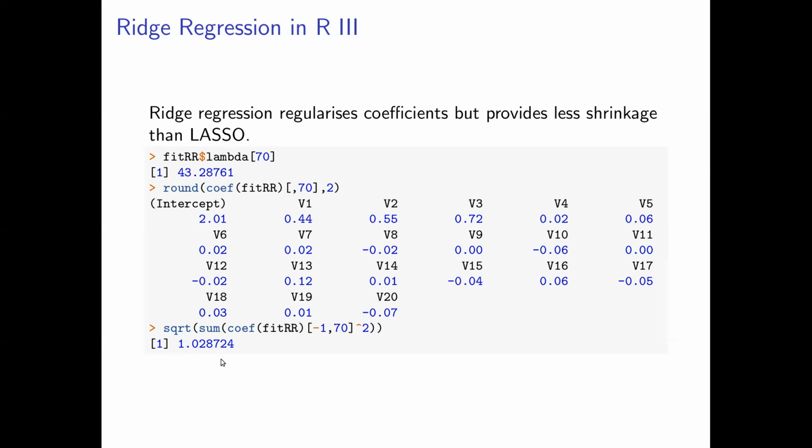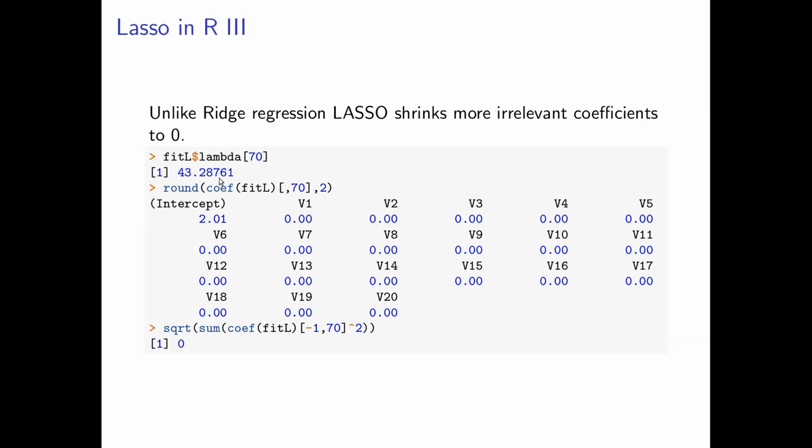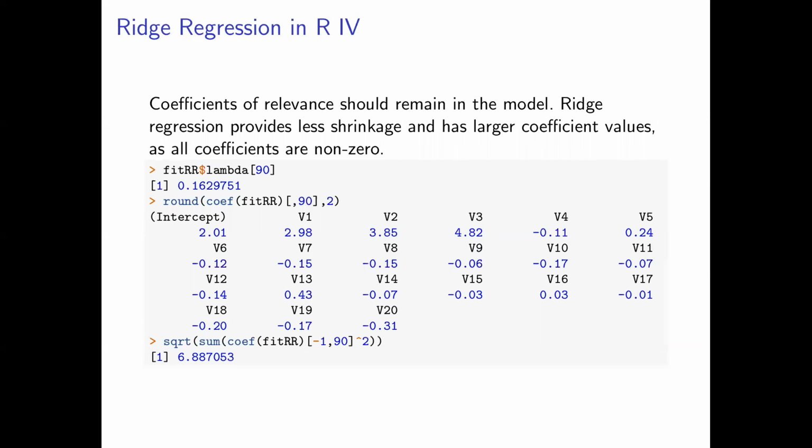The very same thing with the same lambda with lasso provides us with exact zeros in all the positions and really removes this specific one from the model. So it really shrinks down to 0.